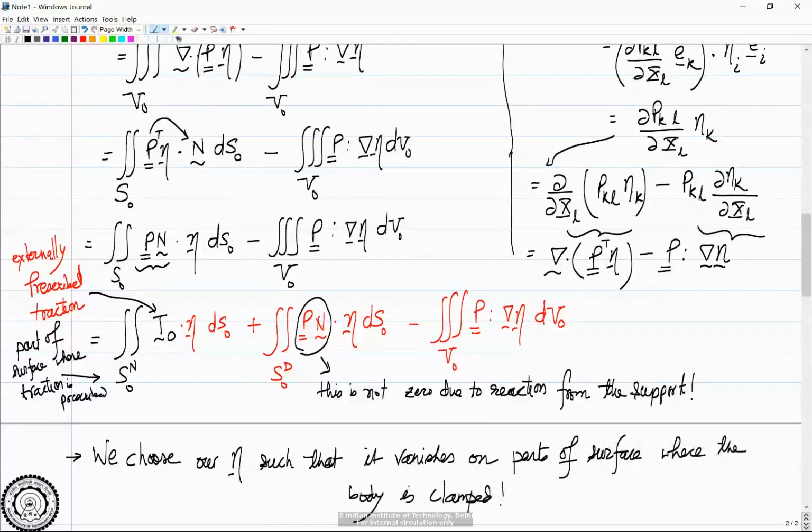If you have prescribed the displacement of the body, then you cannot perturb the body over there. So that's where now we are talking about some physics.